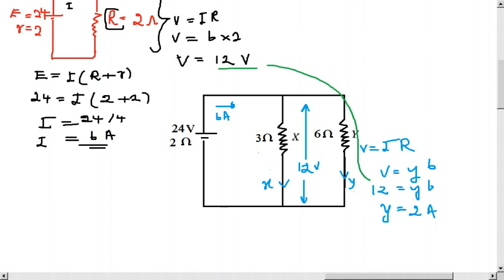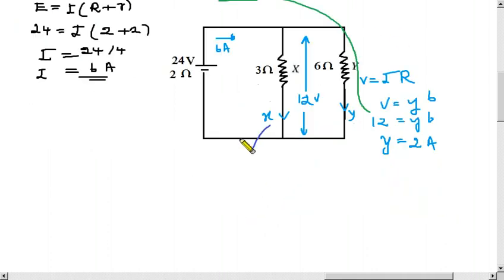Then for this one V equals IR again, V means 12, X, R is 3, current is 4.